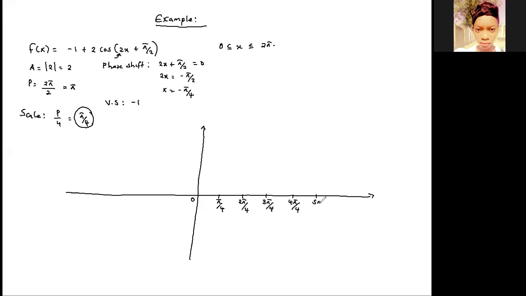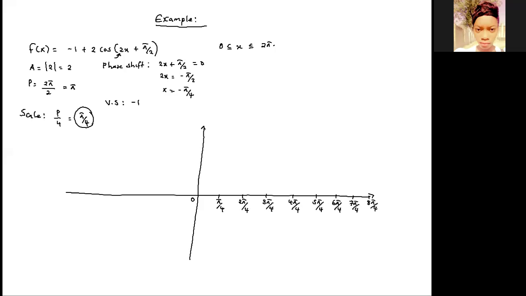Then I'll have 5 pi over 4, then 6 pi over 4, 7 pi over 4, 8 pi over 4, like that. So after you do that, that's when you see that where there are evens, they can be simplified.